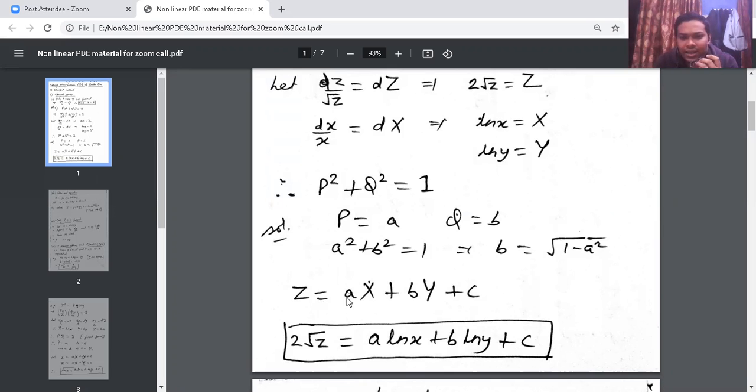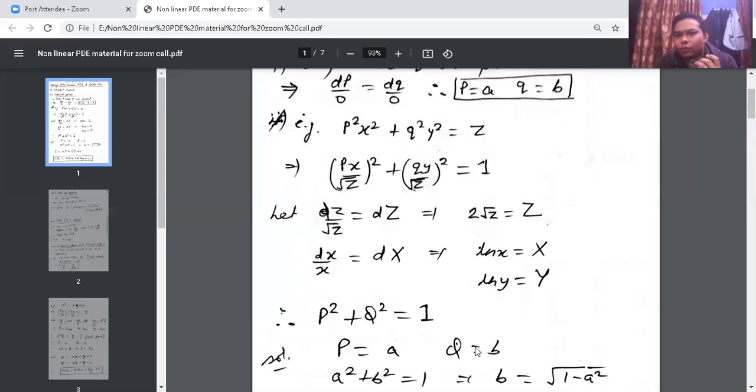Now we know that Z is 2 root z, X is ln x, Y is ln y. I put that in the equation. I forgot to write b in the form of a. You can write it as 2 root z equals a ln x plus under root 1 minus a square ln y plus c.